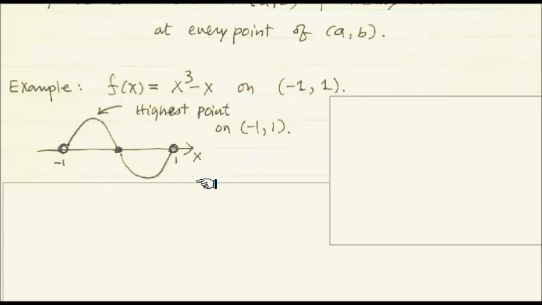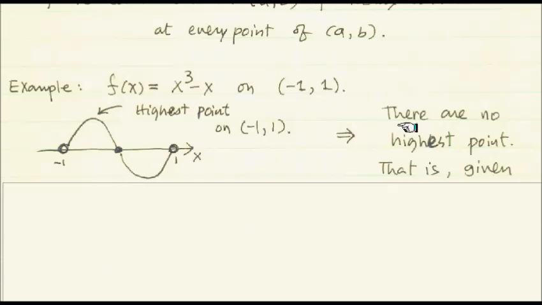That's how the extreme value theorem is usually introduced. If you believe this continuous picture, we have this highest point and lowest point. There should be a function value here, a rational number, that attains that highest point. But the fact is that there is no highest point in this graph.